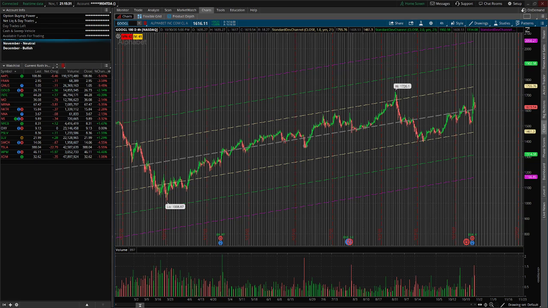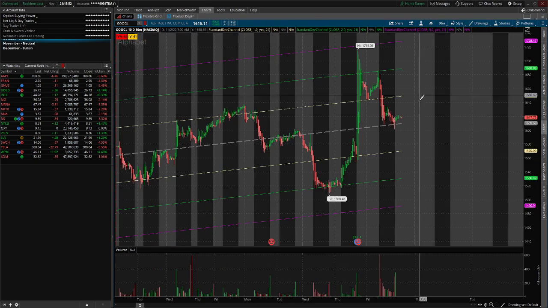It showed some red after hours. The market trend has been down lately, but Google pumped. It looks like it was the 19th? I think last Friday, or Thursday. Yeah, Thursday.